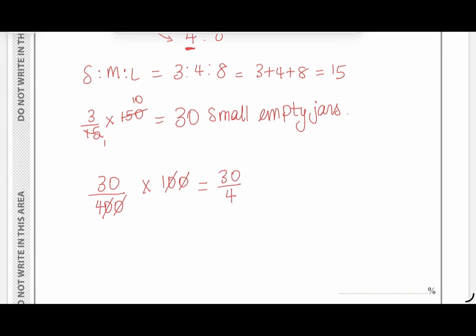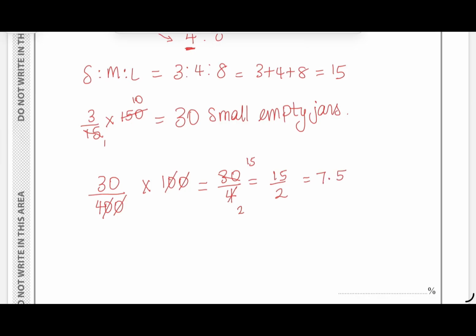So if you reduce this to the lowest terms, you've got 2 and 4, and you've got 2 and 30 as 15. So you've got 15 over 2, and you could put this fraction as a decimal, which will be 7.5.